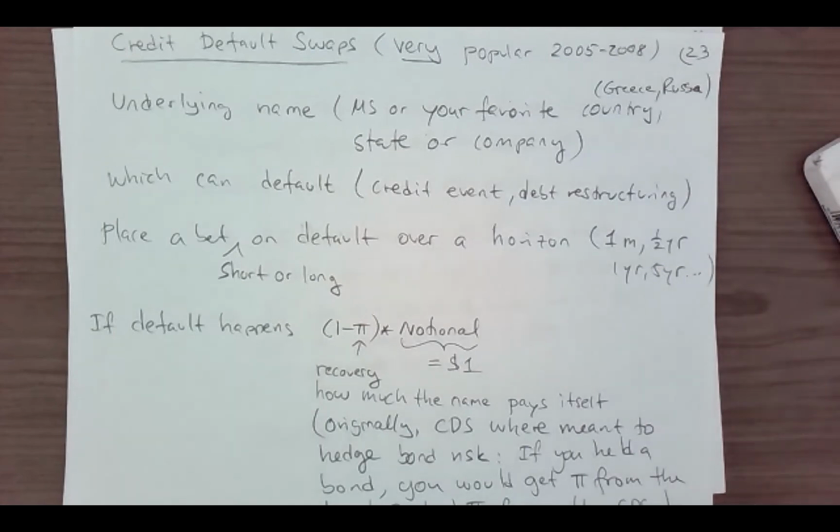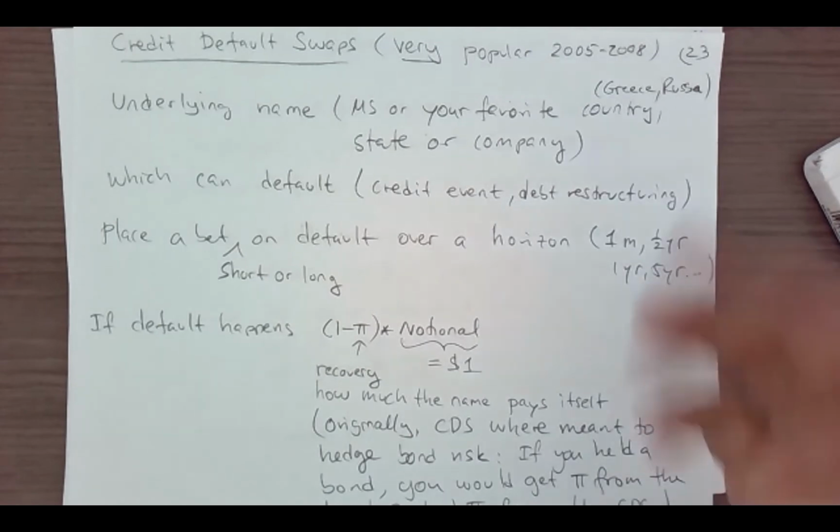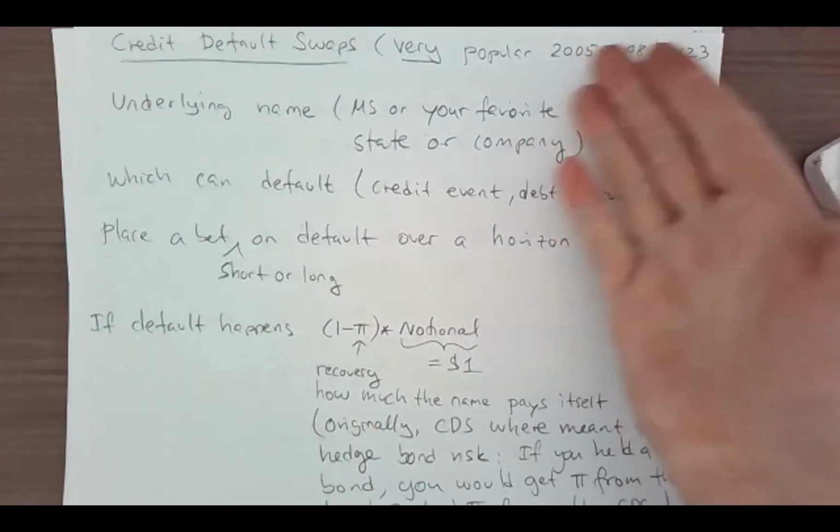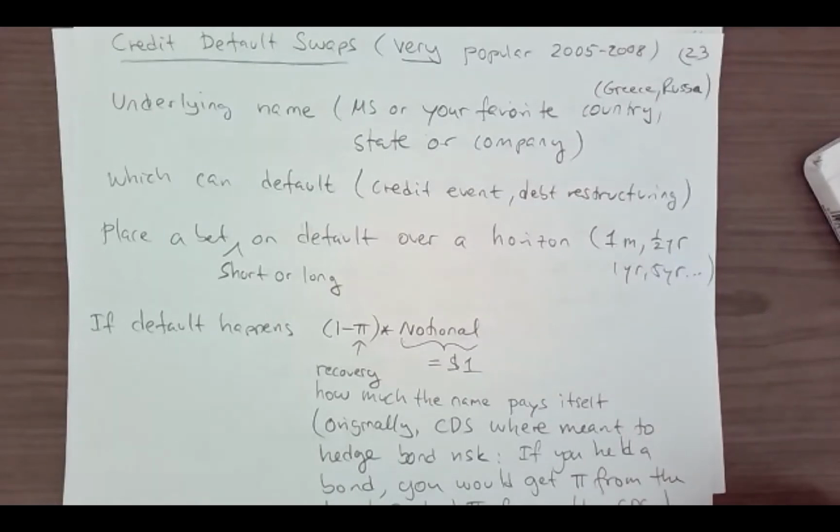I'm not allowed to place a bet on my neighbor's house burning down, for obvious reasons. It would give dangerous incentives. But in this period, I was allowed to take out a bet that my neighbor state, New York, would default. That was okay. And again, it created very strange incentives.